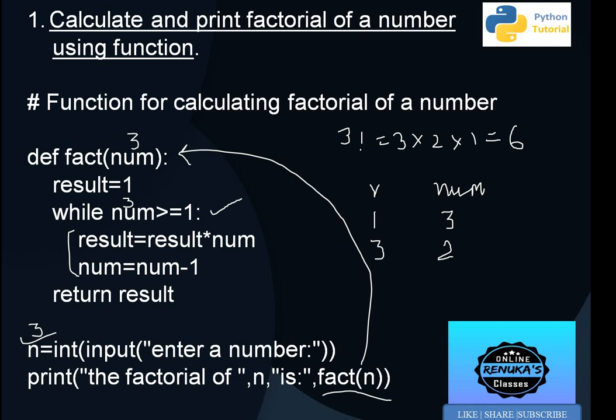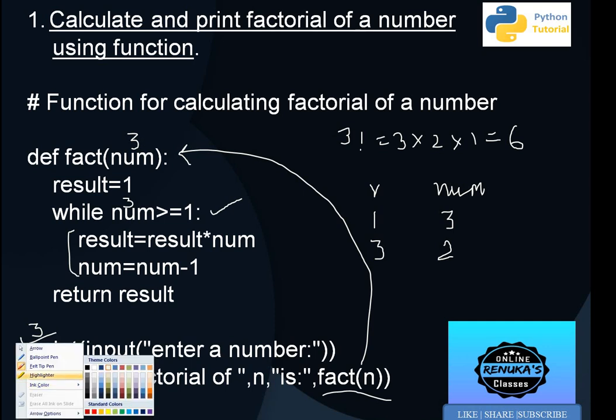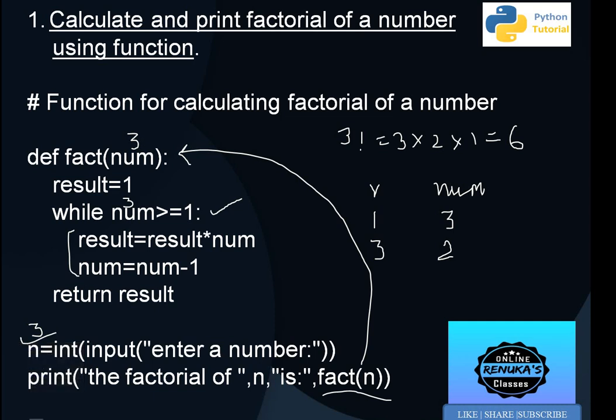Now num is 2, and 2 is again greater than 1. So it will do result into 2. Result was having 3, 3 into 2 is 6, and now it will decrement num, it will become 1.